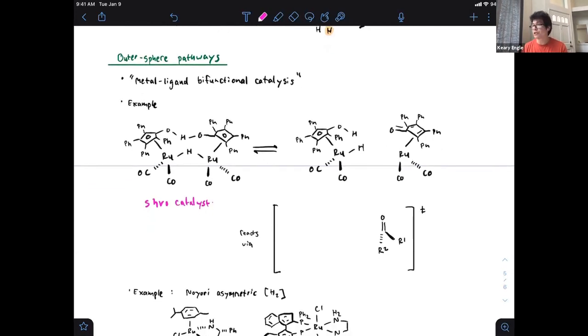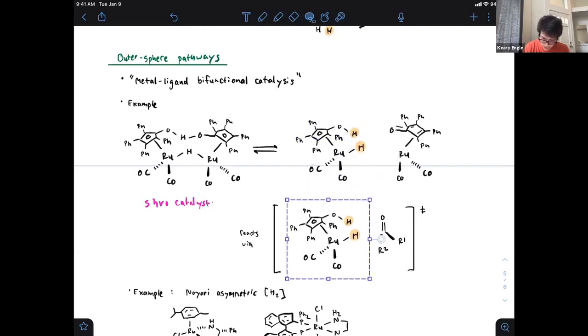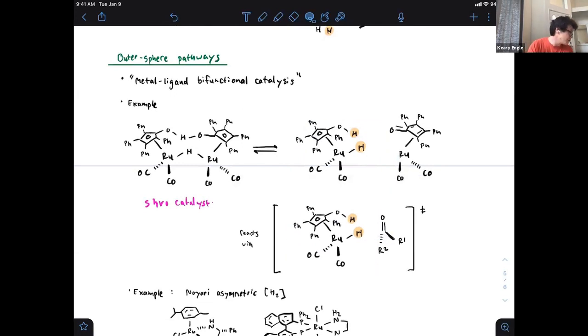So this dissociates into an H2 donor and an H2 acceptor. In the H2 donor, I'll draw those, highlight the H2 equivalents here, so that's crystal clear. The H2 donor can reduce carbonyl compounds.